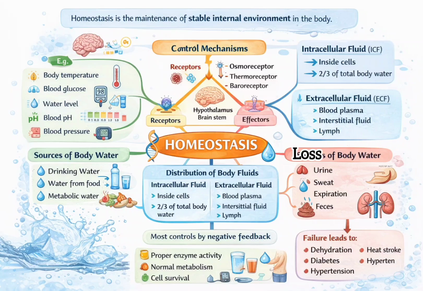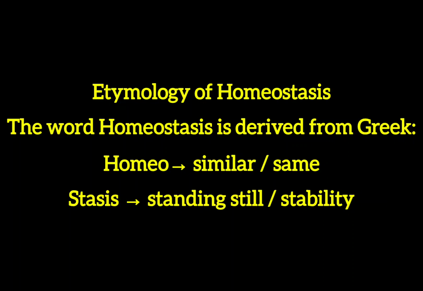So that's how, due to homeostasis, the body maintains body temperature, the glucose level, the water balance, blood pH level, and blood pressure level. Etymologically, it is derived from the Greek word homeo, that means similar, and stasis means standing still or stability. So it is clear that homeostasis is to maintain the same stability in our body.